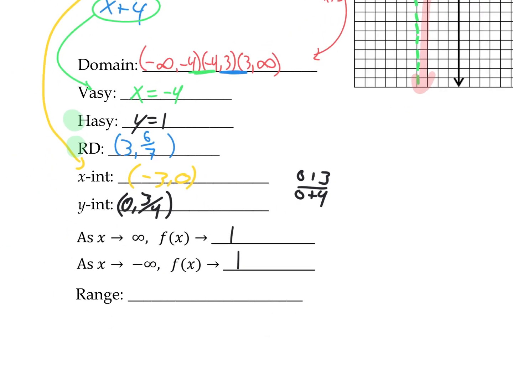So right as we approach that hole, there's a little discontinuity there. And then we have this little region between the hole and the horizontal asymptote. So the way we would write that is going bottom to top. We went from -infinity all the way up to 6/7, and then between 6/7 and 1, and then from 1 to infinity.